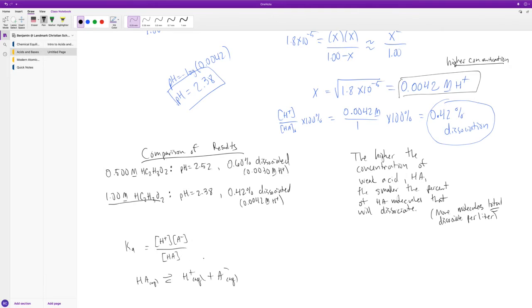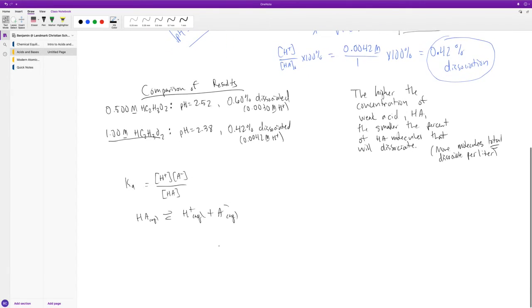Okay, well, in terms of this expression right here, let's say you're at equilibrium, and then you dump in a bunch more HA, right? Or let's look at it a different way.